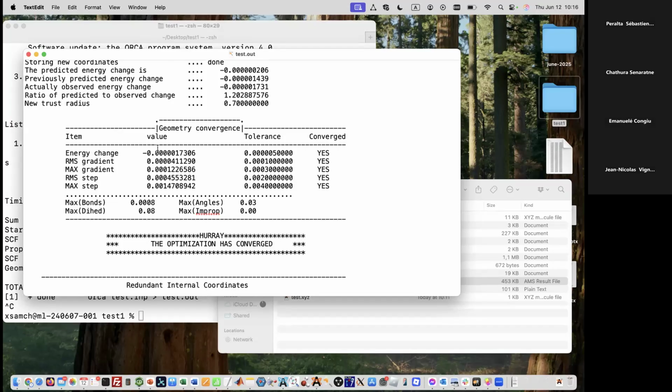So please make sure that you always converge to the optimized structures. You must see yes for all these different criteria: energy change, RMS gradient, maximum gradients, and so forth. So all must be converged.